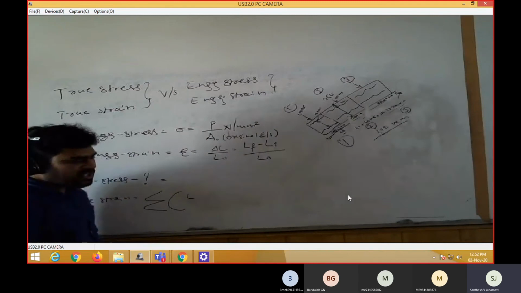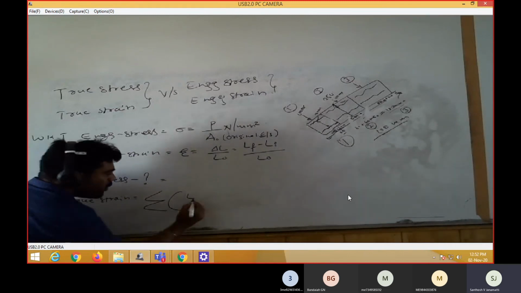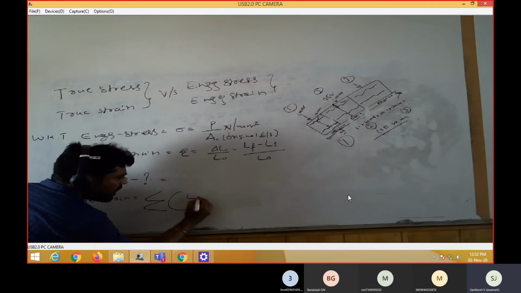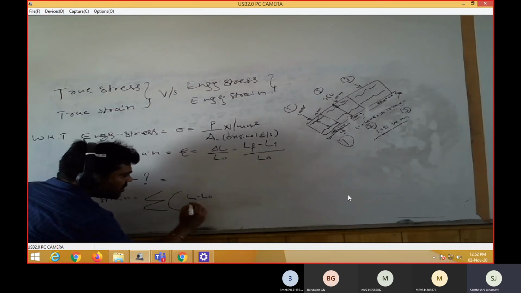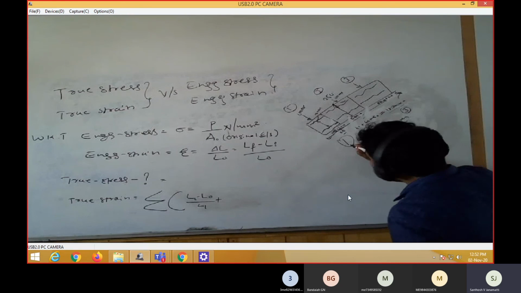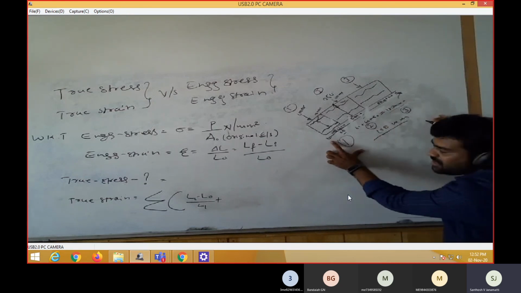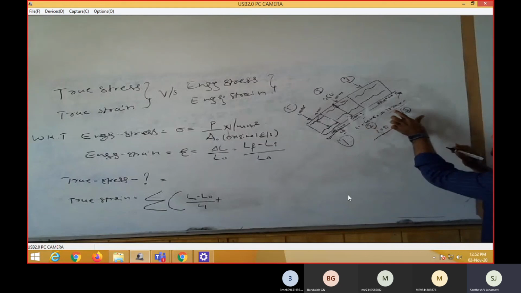Initially it is 0. How will you write it? Final length: L1 minus L0 divided by L0, then L2, L3, because instantaneous change 1, instantaneous change 2, instantaneous change 3 are with respect to length.